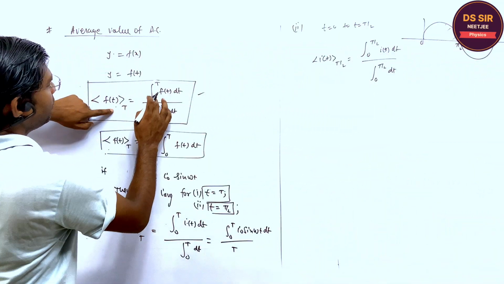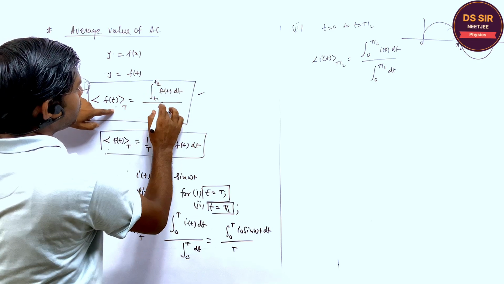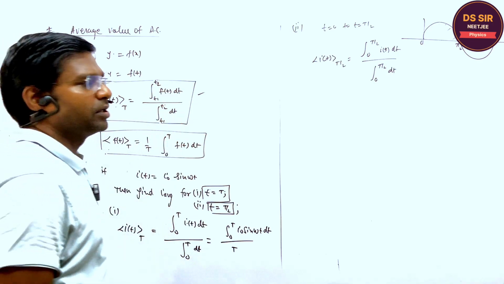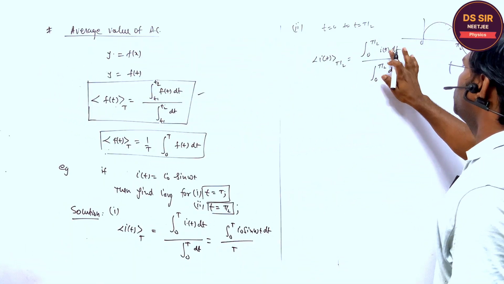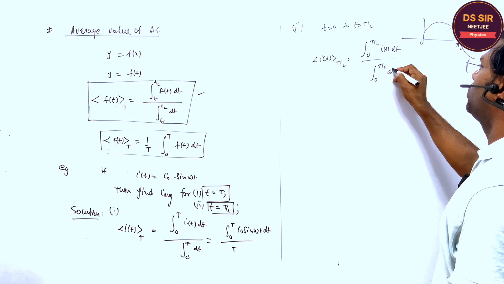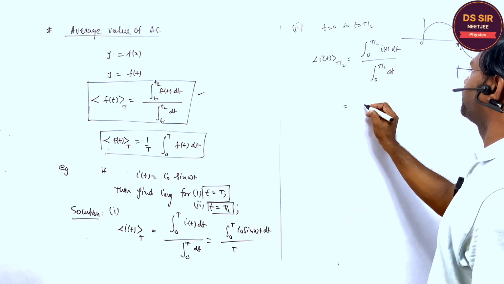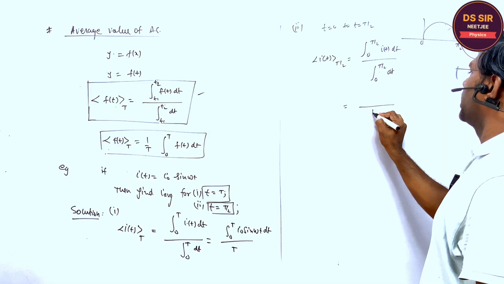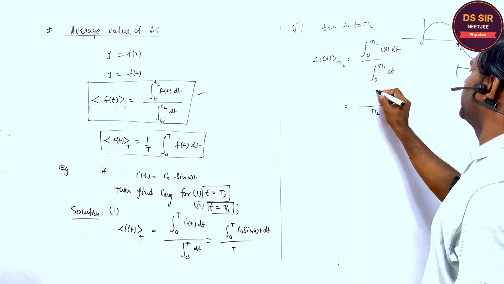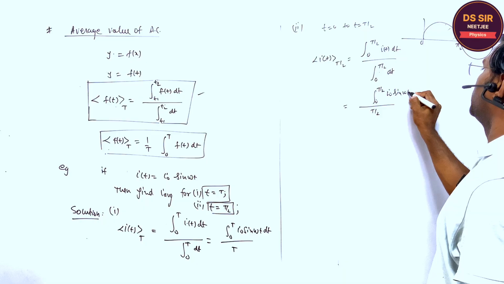The average value from t1 to t2, you have to put the limit from t1 to t2. If this is for half time interval, we have to take the limit 0 to T by 2. So if you calculate this, it is 2 by T times the integral of I0 sin omega t dt.